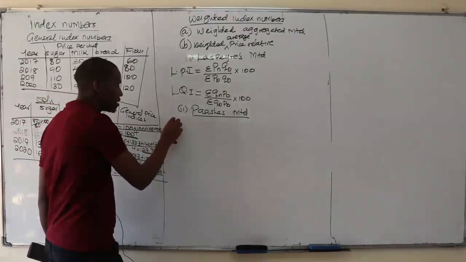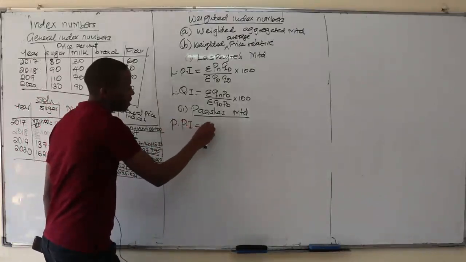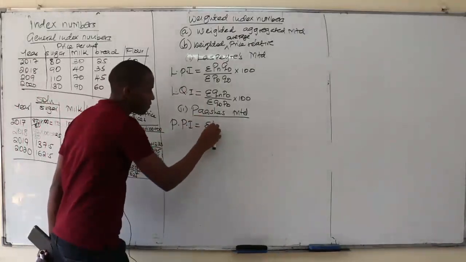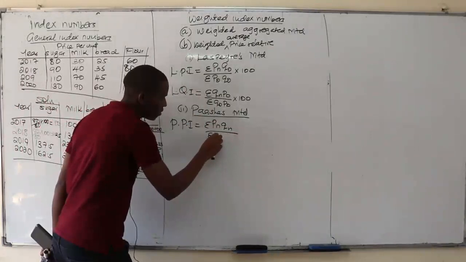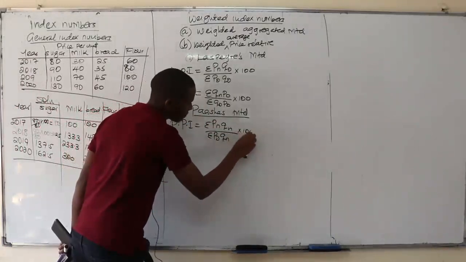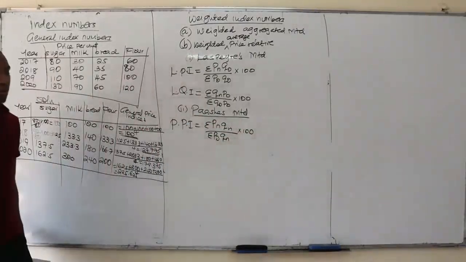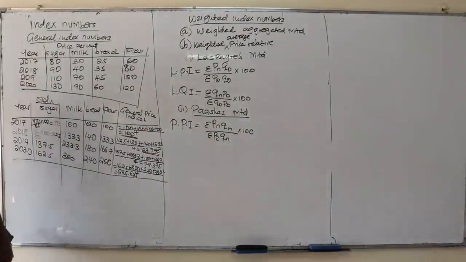So in this case, if you want to get the Paasche price index, it will be given by the summation of Pn Qn all over the summation of Po Qn, and you multiply by 100.